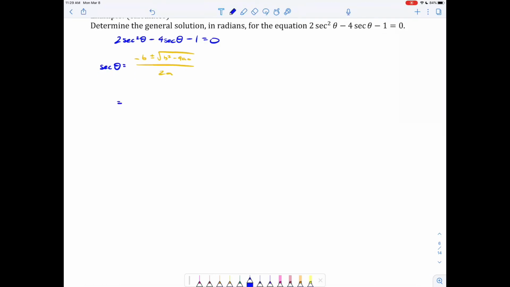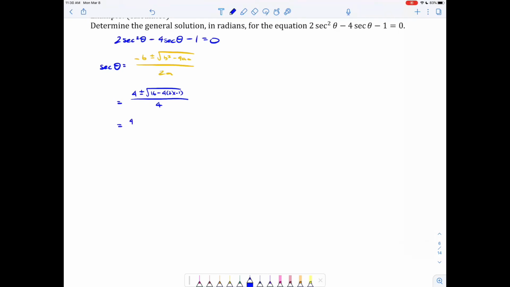But if you memorize it, it'll be that much faster. So 4 plus or minus the square root of negative 4 squared is 16 minus 4 times 2 times negative 1, all over 4.